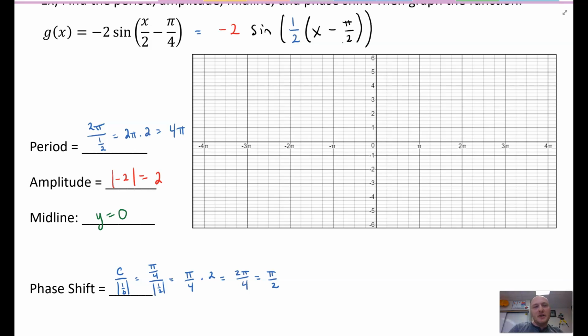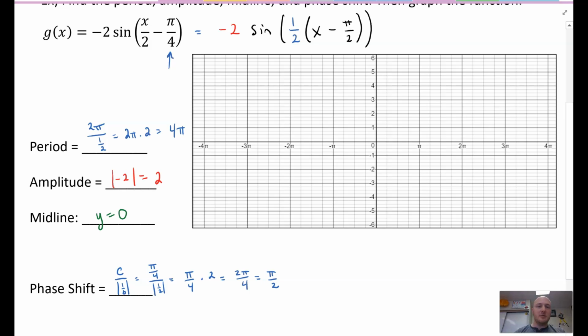If I'm factoring out that 1 over b value, that's going to reveal your actual h value, your horizontal shift, your actual phase shift. Because I pulled out, which is division, a GCF of 1/2, really, that's going to affect this c value, the pi fourths.